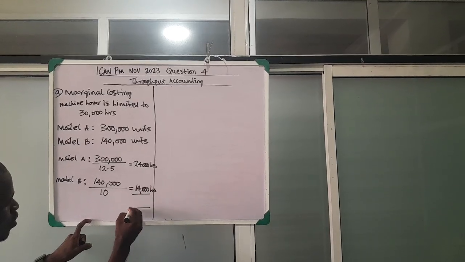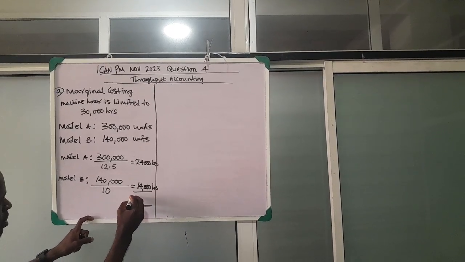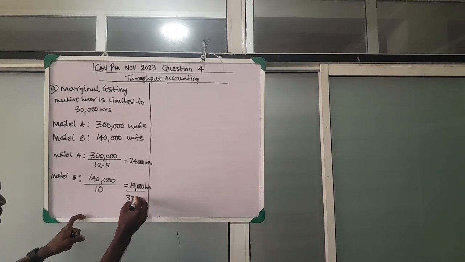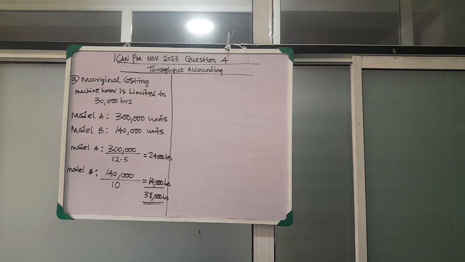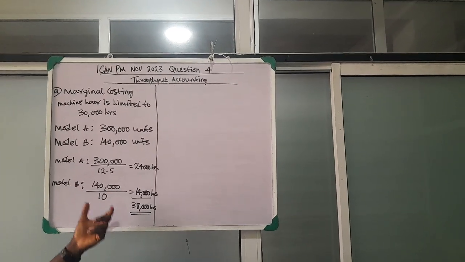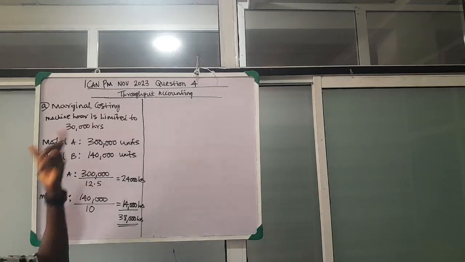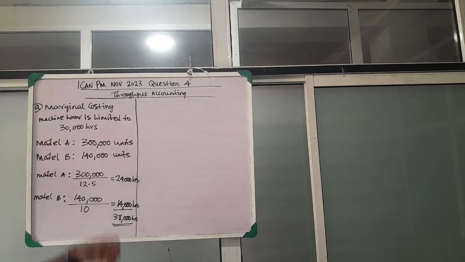If you add up these two, it gives us 38,000 hours. You can clearly see that the hours that will be required in producing model A and model B exceed the limit of 30,000 hours.